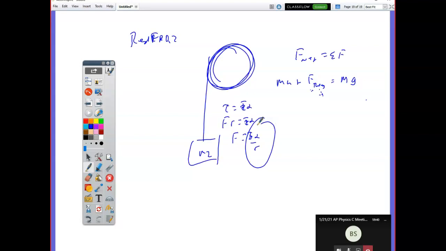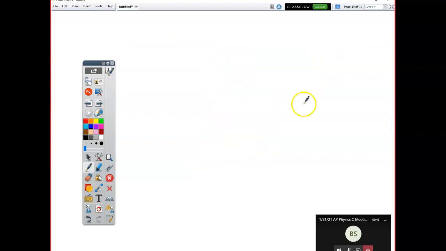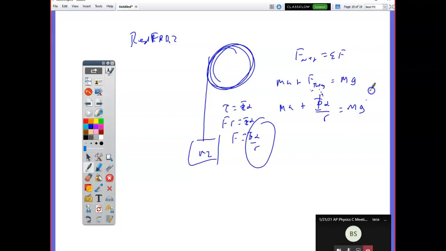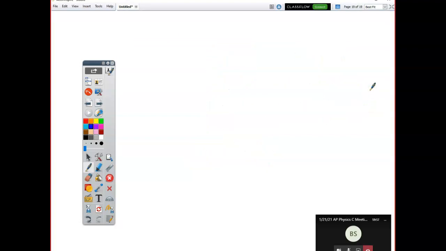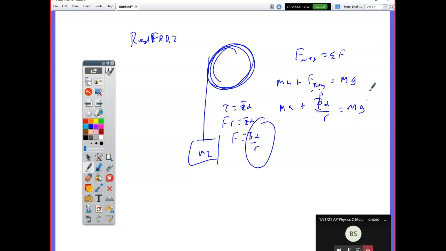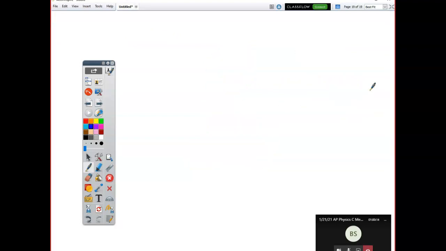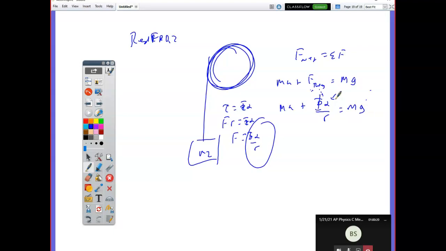This is the idea that when you're turning something with a normal force problem, that's what you have to deal with. Plug that in, and then you're going to solve it, but first you have to change this alpha because it's rolling without slipping, or spinning without slipping.